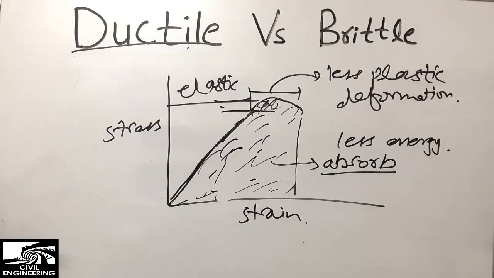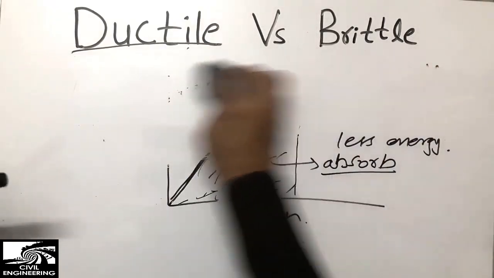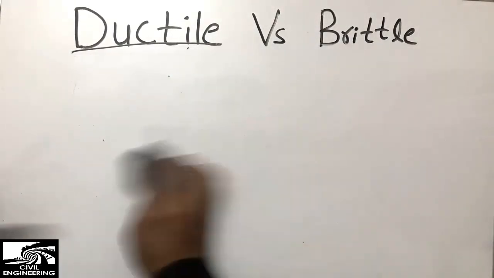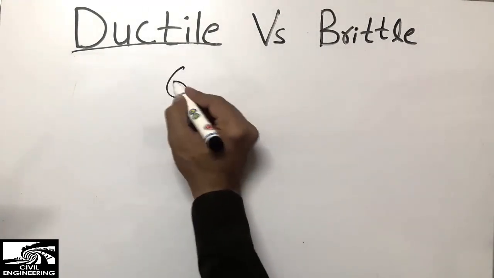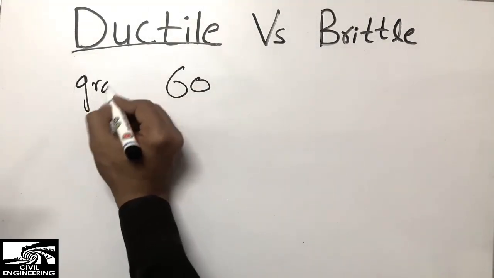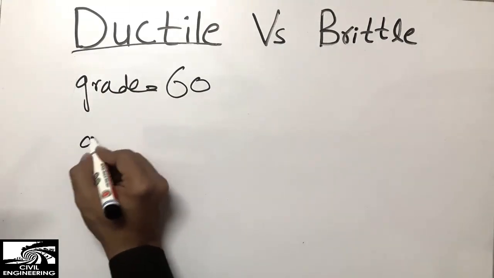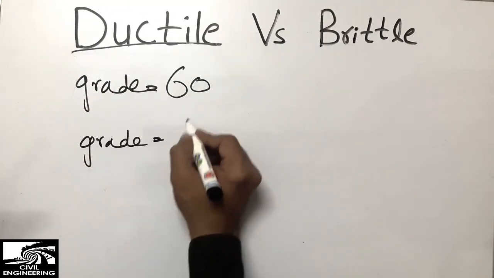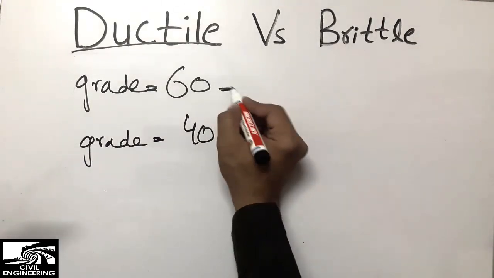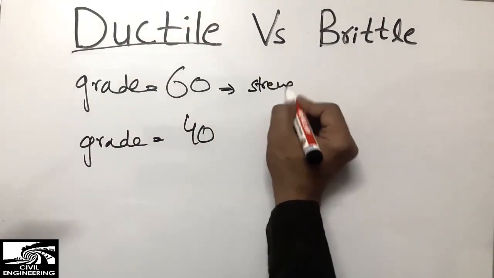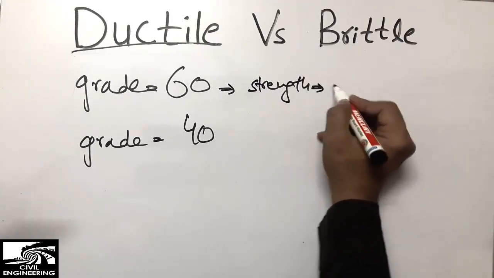I'm giving some extra information about ductile and brittle material. For example, I'm considering the grade 60 bar and the grade 40 bar, right? These are the most commonly used in engineering projects. Grade 60 has more strength because it has more carbon.